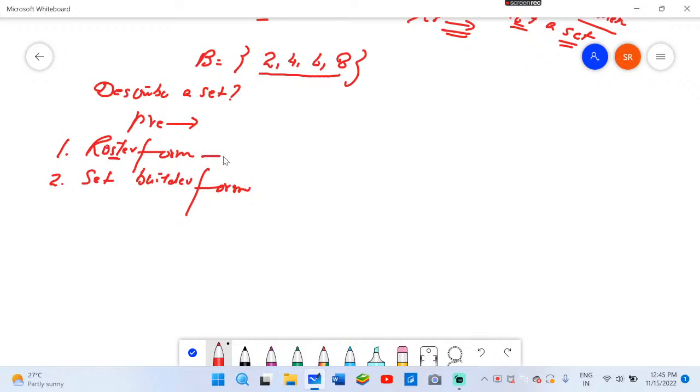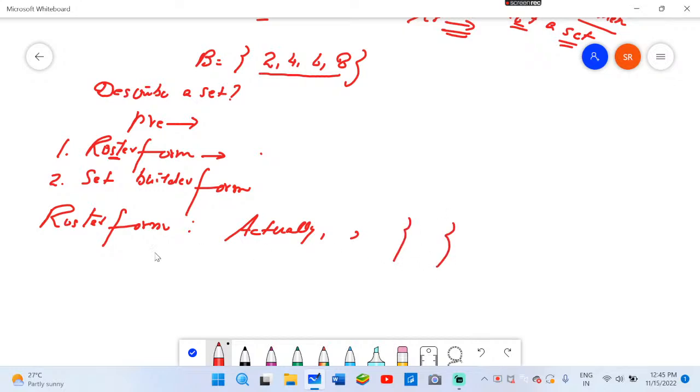In roster form, we actually write the elements of the set. Separate them using commas and enclose them in curly brackets.